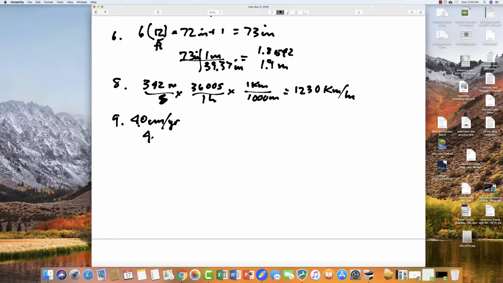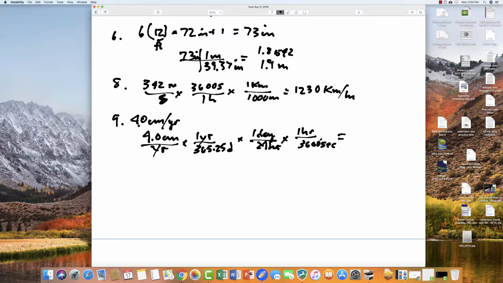Okay, so you have 4.0 centimeters per year. 1 year is 365.25 days, 1 day is 24 hours, and 1 hour is 3,600 seconds.